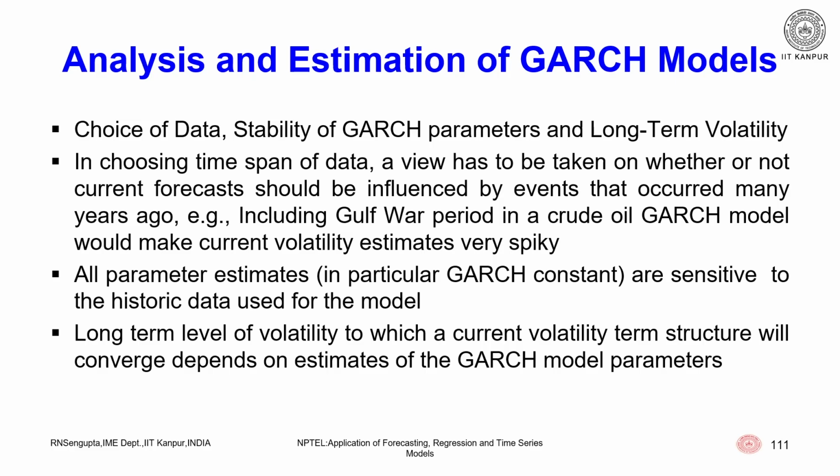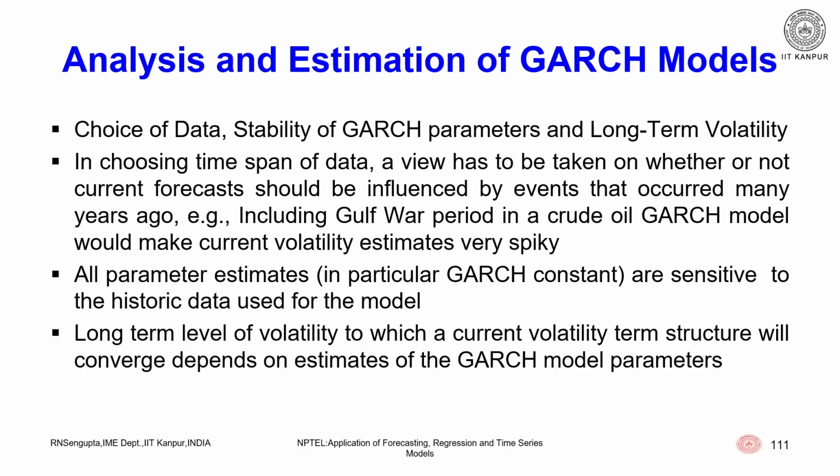In choosing the time span of the data, which is important, a view has to be taken as to what is the time frame based on which you are considering. So, what are the events which are affecting? For example, if you consider the financial shocks or the Gulf War or the petroleum price suddenly fluctuating, or the crude price fluctuating, these can have huge spikes.